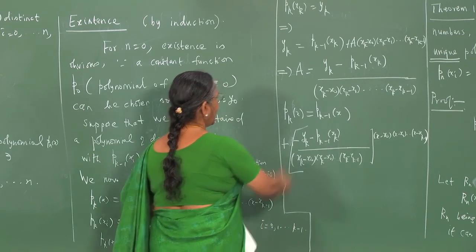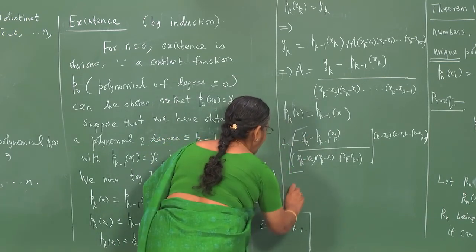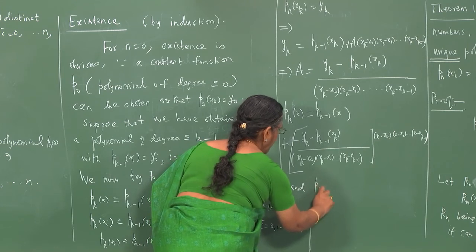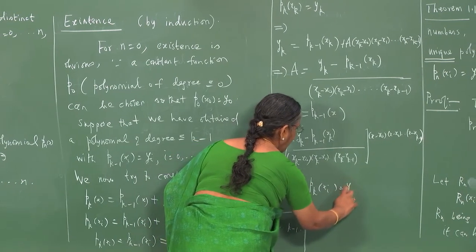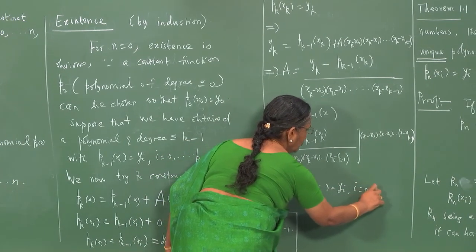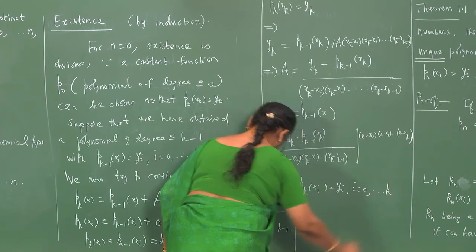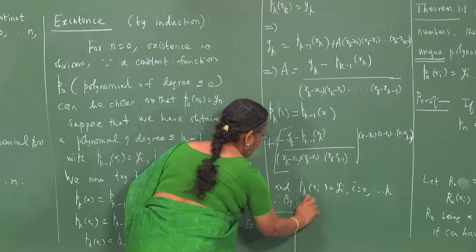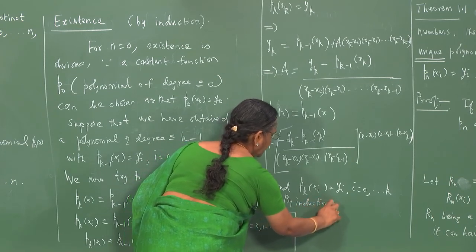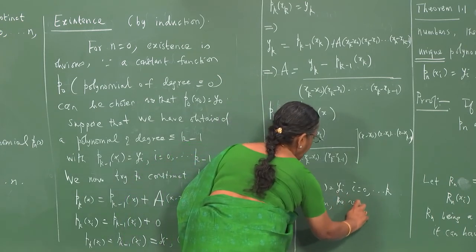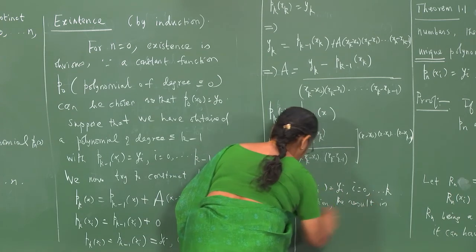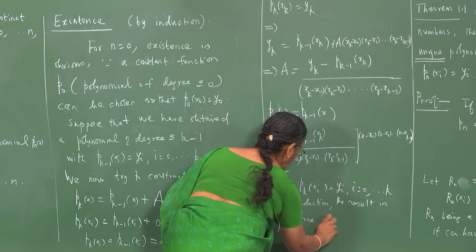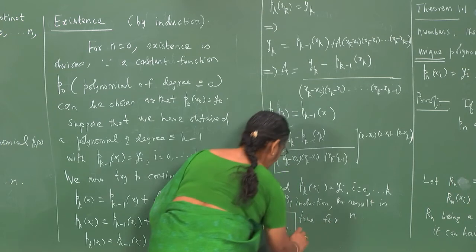So, pk of x is this, and we have shown pk of xi is yi for i equal to 0, 1, 2, 3 up to k. So, therefore, by induction the result is true. The result is true for n. What does that mean?